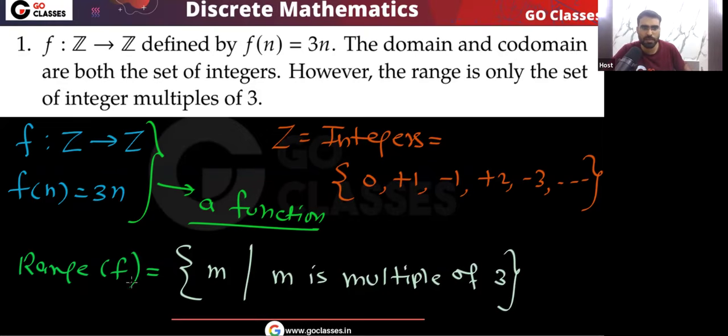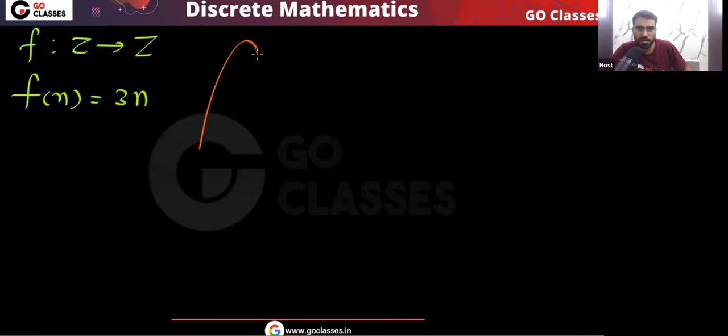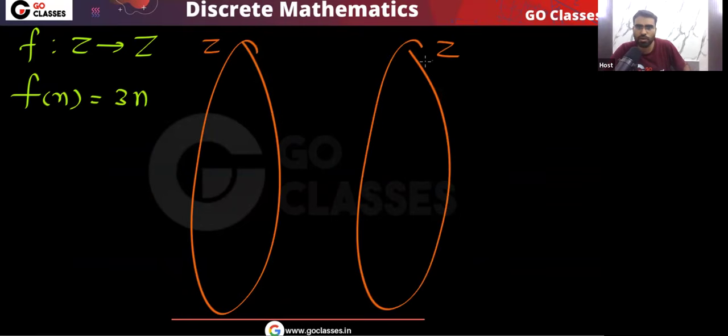So very simple point. This is the range, because remember, this function is given to you from Z to Z, integers to integers, and the question is saying f(n) is equal to 3n. In the integers you have 0, 1, -1, 2, -2, 3, -3, and so on.